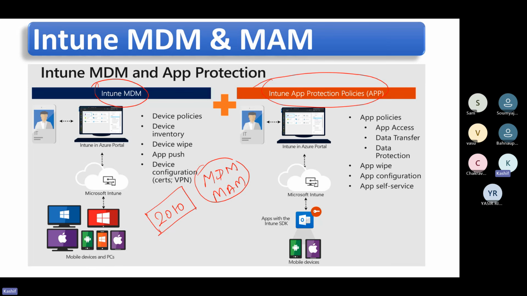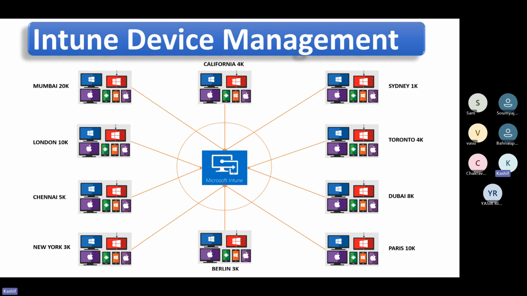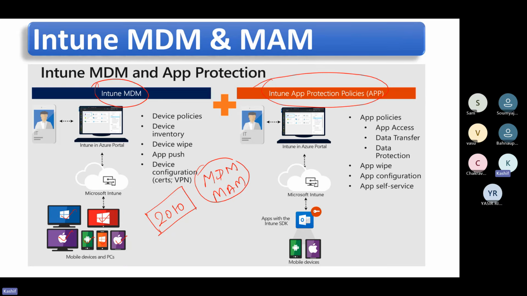Now, in mobile devices, what all devices can you manage? You can manage Windows devices, right? You can manage Apple, then Android, Windows Phone, and then iOS devices. So you have the option to manage all types of devices. Plus, you can manage Linux. Now, in mobile application management, you can manage mobile applications like, for example, Outlook, which is installed on Android and iPhone.